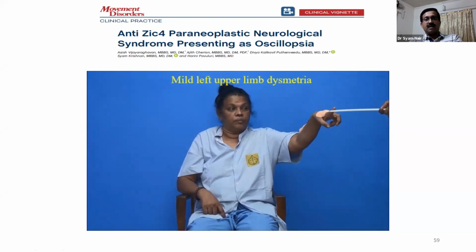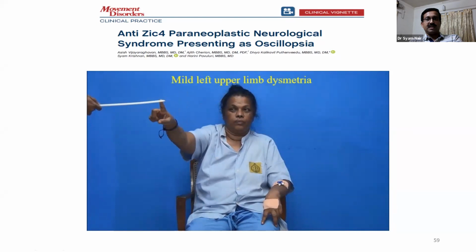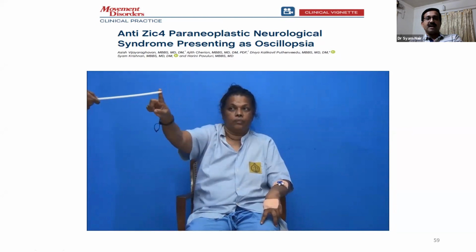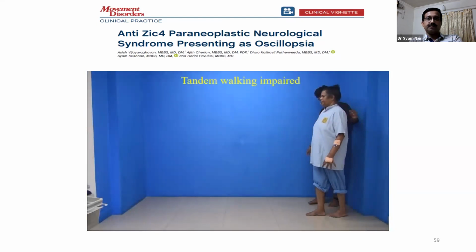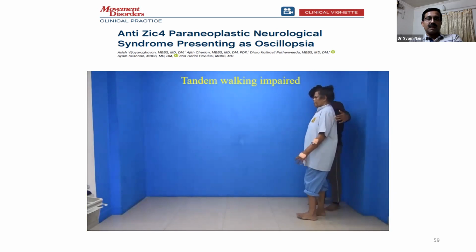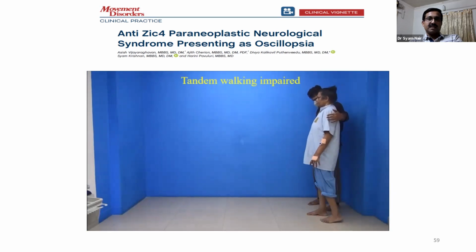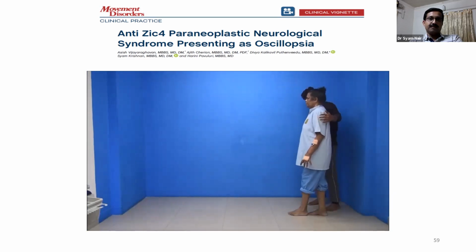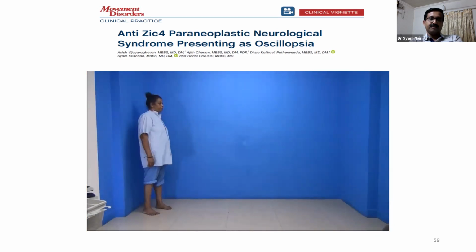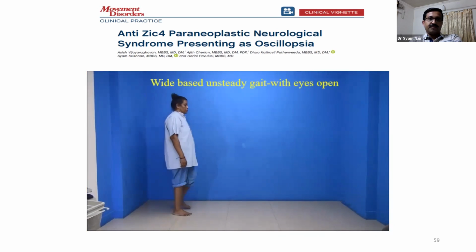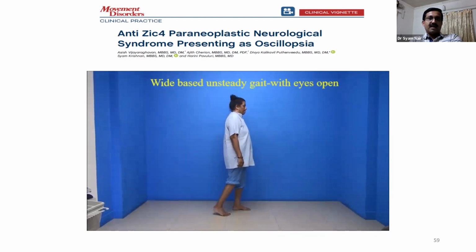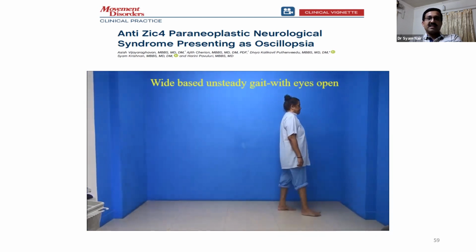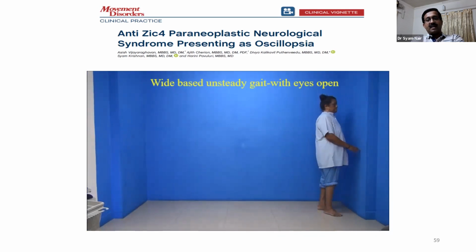This patient has upper limb dysmetria. On the left side, there is a clear-cut dysmetria. On the right side, it is not. And she has a significant degree of ataxia. Her gait is wide-based and unsteady with eyes open.